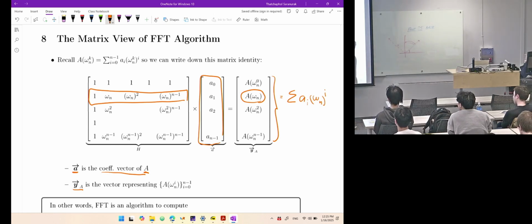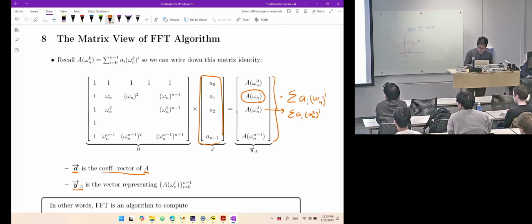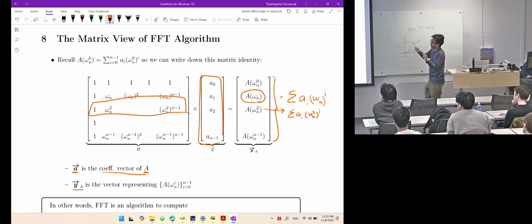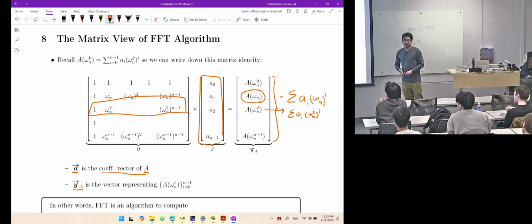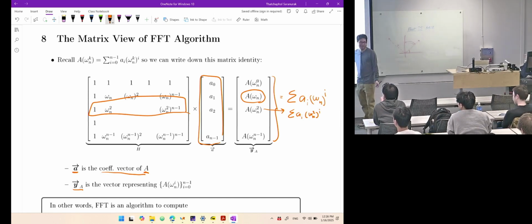This one is just the sum of a I omega n squared to the I, which is the dot product between the two vectors. I hope you can now see that this pattern continues. So once you multiply A by this matrix H, you indeed get this vector YA.